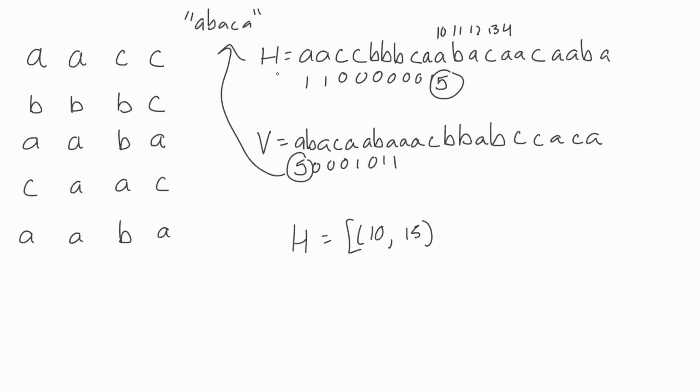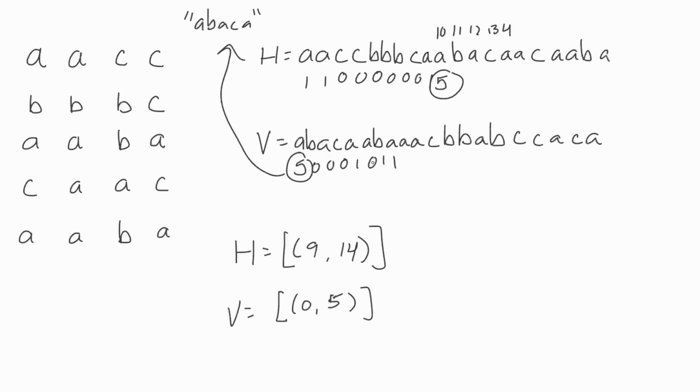So really what we're doing is going through and collecting all of these different matching instances. Okay, so in this example, these are the matches we'd actually get. In the horizontal string, I have a match from indices 9 to 14, and then I have a match from 0 to 5 in my vertical string. So how do we actually use this information?